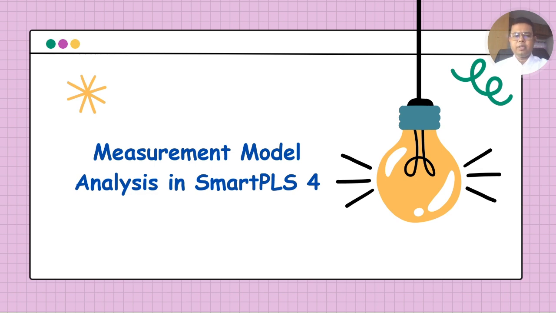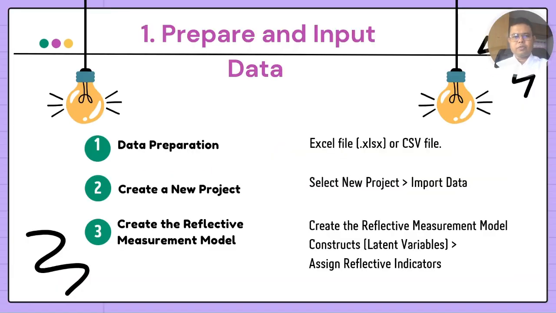So let's start. First of all, you need to prepare and input the data. You have to ensure that your data is prepared. Your data may be in Excel format, or you can keep it in CSV format. Both files are read by Smart PLS 4.